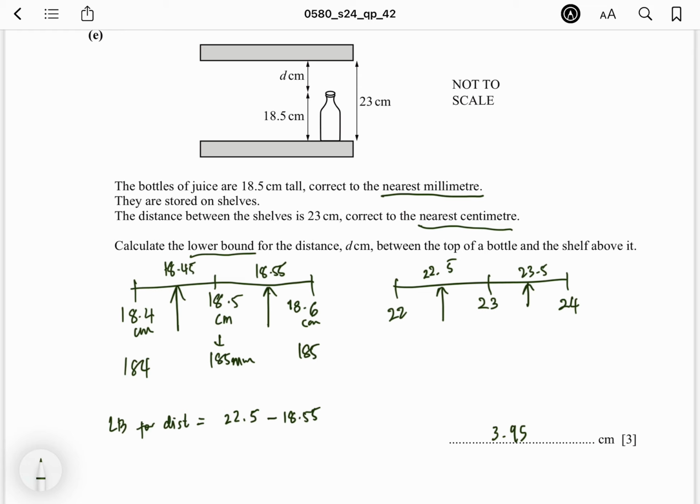Okay, sini yang baik hati. At least one. Satu markah. Any of the 18.45, 18.55, 22.5, 23.5, any of these four number dapat satu markah.